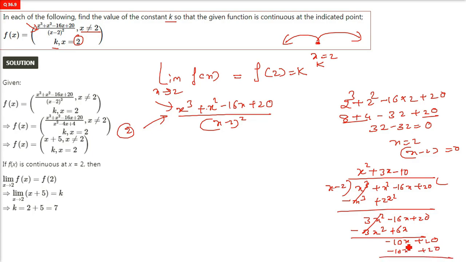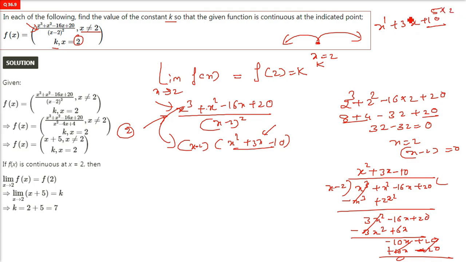Now you can cancel these two out because you are subtracting, it will be 0. So what is the other factor? The factors of x cube plus x square minus 16x plus 20 are x minus 2 and x square plus 3x minus 10. We can easily factorize this: 5 times 2 is 10, and 5 and 2, if subtracted, give 3.